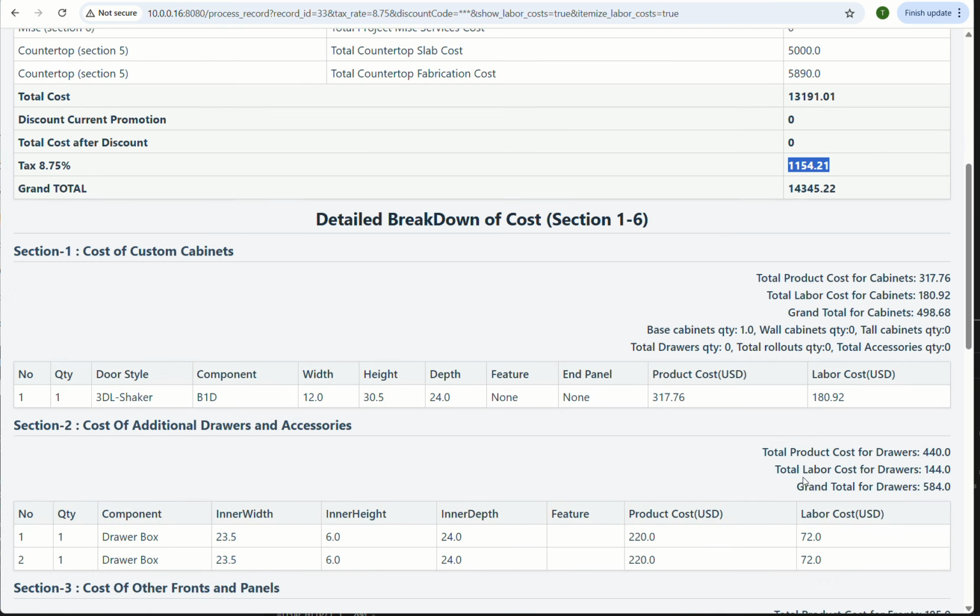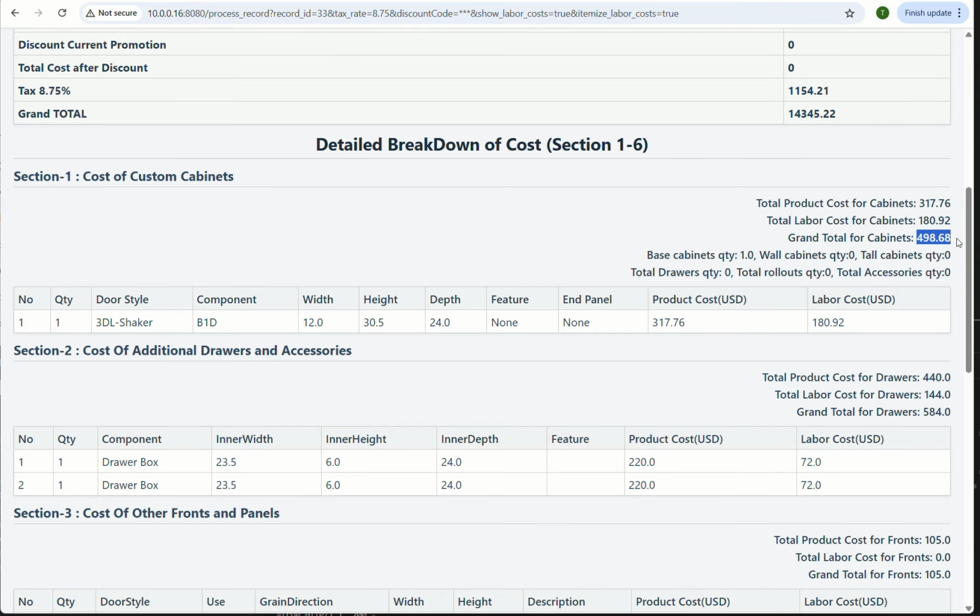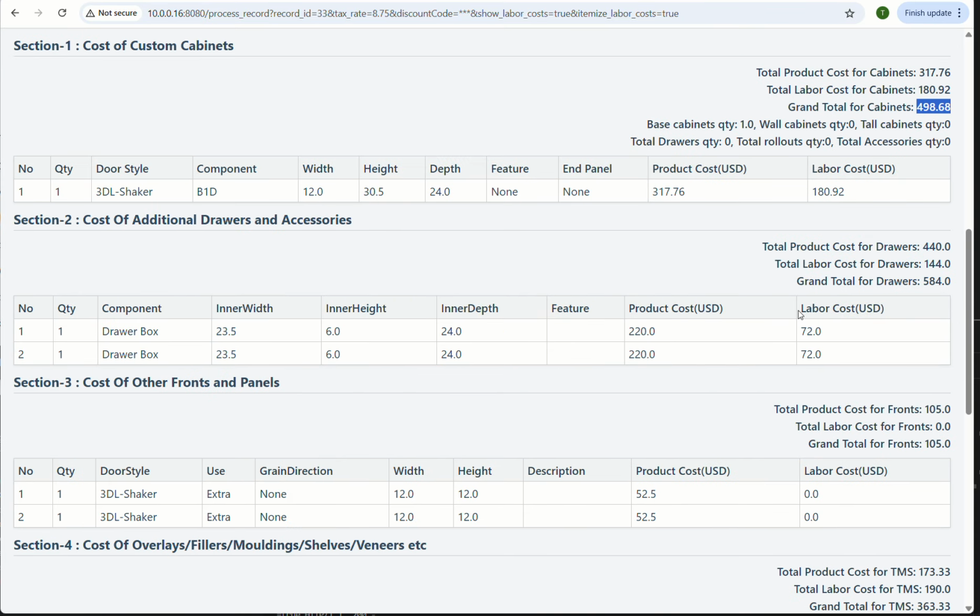So this is a breakdown. You have 6 sections, just like how we had the tabs. All the cabinets are going to cost you 498, I mean, you just did one cabinet or something like that. And then the drawer boxes are going to cost you 444.